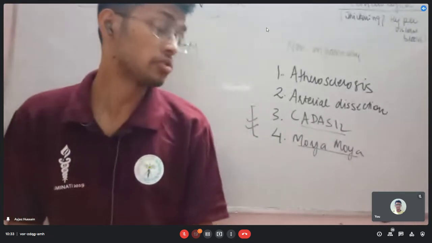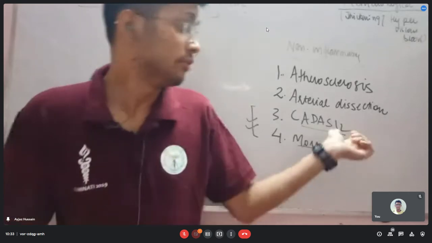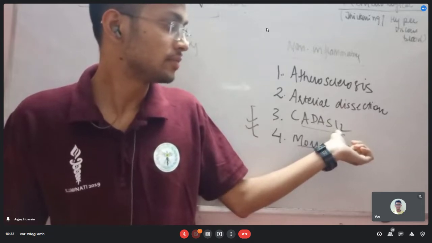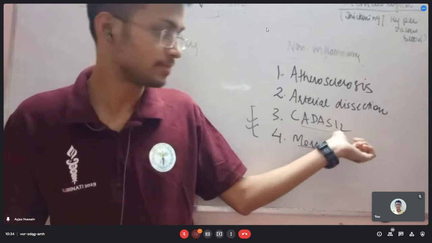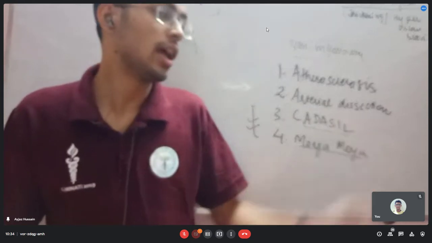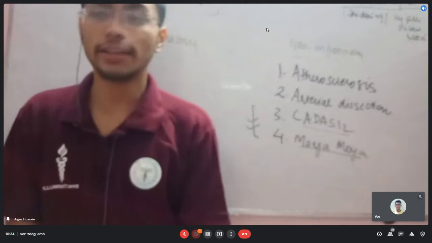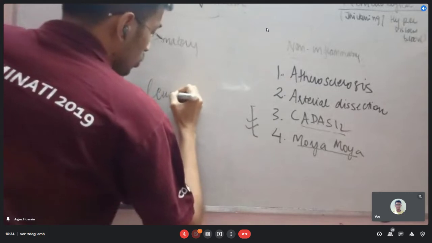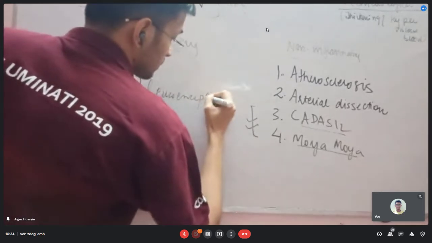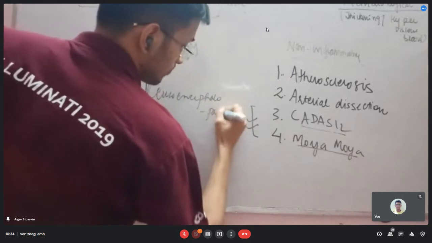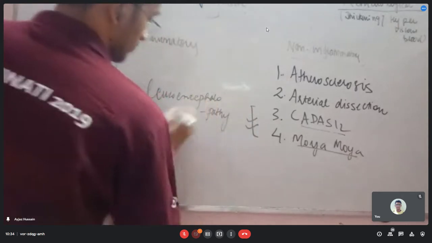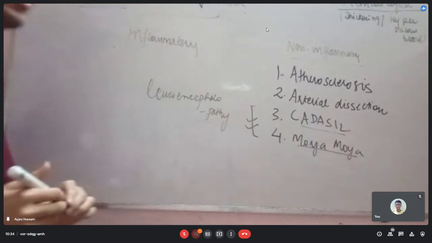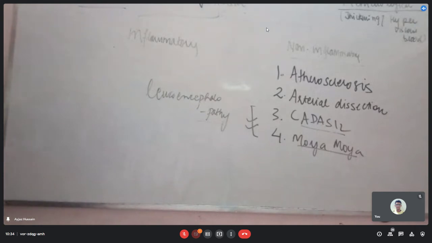So it is cerebral autosomal dominant arteriopathy with subcortical infarcts and leukoencephalopathy.